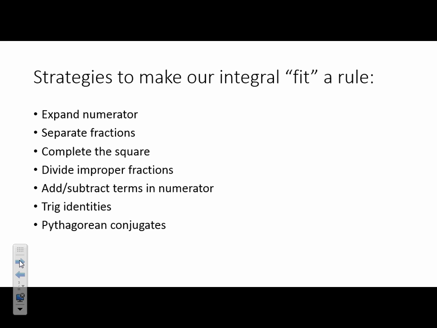That could be helpful to fit one of the inverse trig rules, if we can complete the square so we have 1 plus something squared, or the square root of 1 minus something squared.